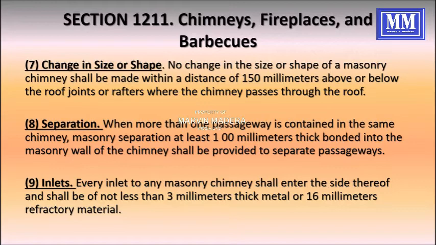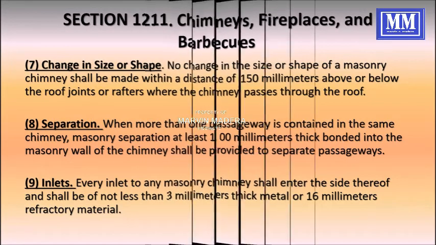Every inlet to any masonry chimney shall enter the side thereof and shall be of not less than 3 millimeters thick metal or 16 millimeters refractory materials.